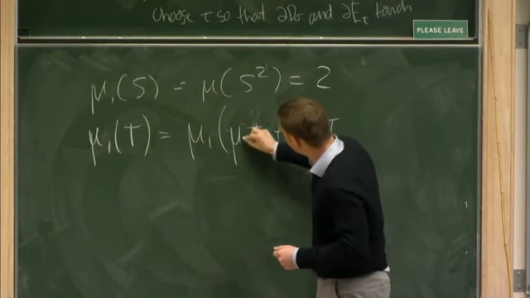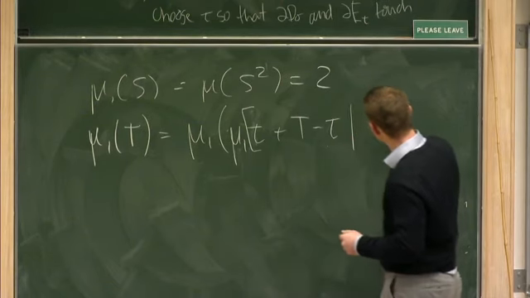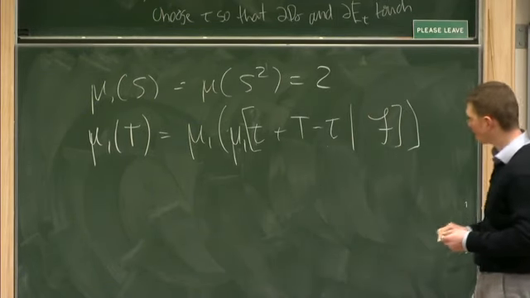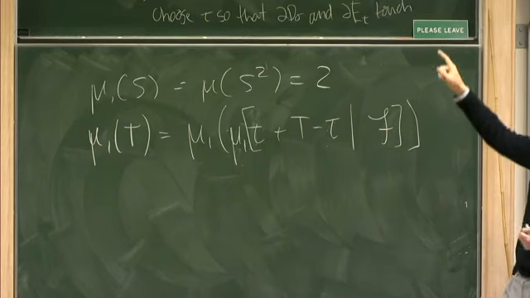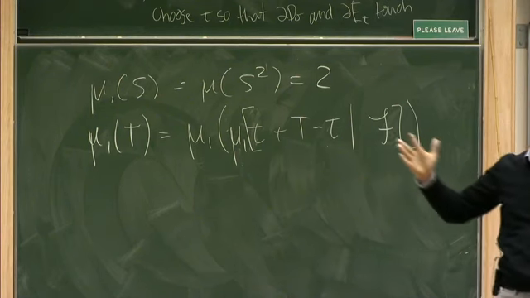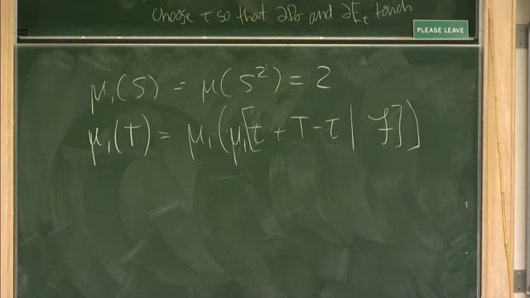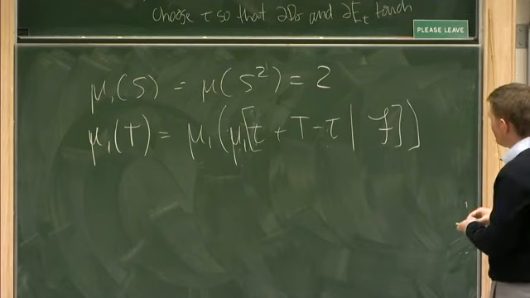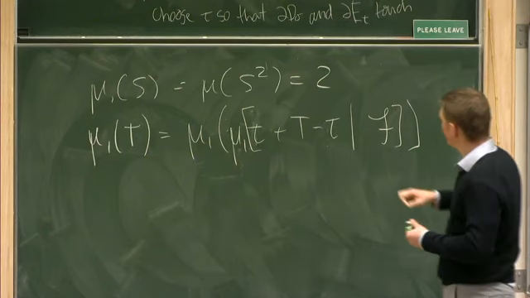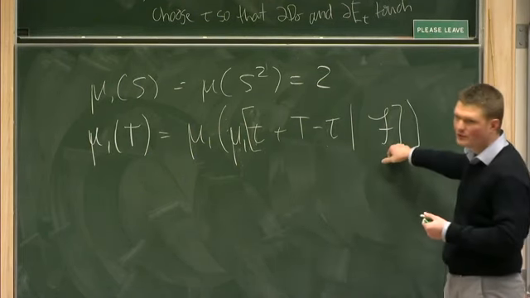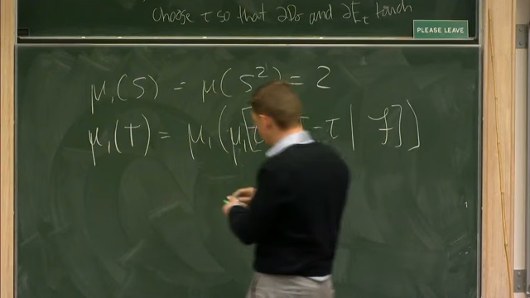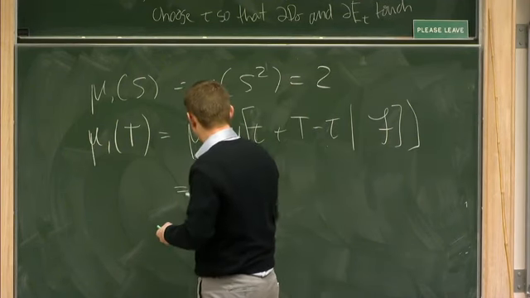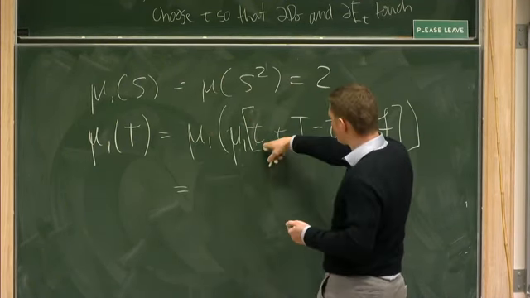And then we're going to use the tower law and condition on some sigma algebra, which is just the sigma algebra generated by the exploration up to collision time. So it's this business that we showed is the same in the first claim. And then the thing to notice is that tau is measurable with respect to F. You can see how much time it's taken to find the breaking point. So this just becomes tau.